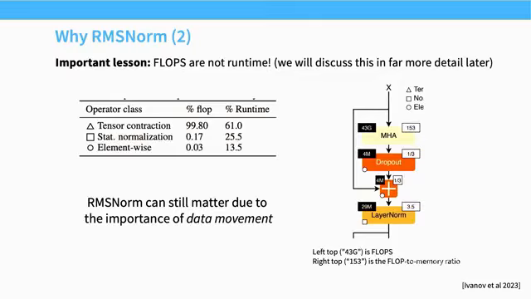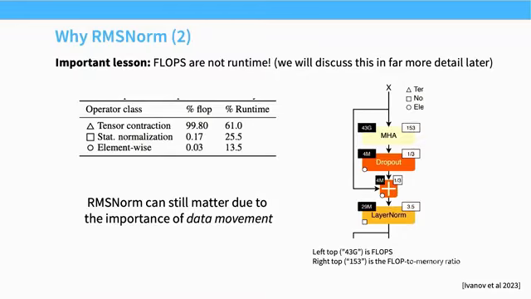So data movement is really, really important, and RMS norm can still matter a lot because of this. You can see the difference here. The arithmetic intensity is in white, and the flops involved are in black. You see that layer norm has a very low arithmetic intensity, which is the kind of operation we want to remove as much as possible.